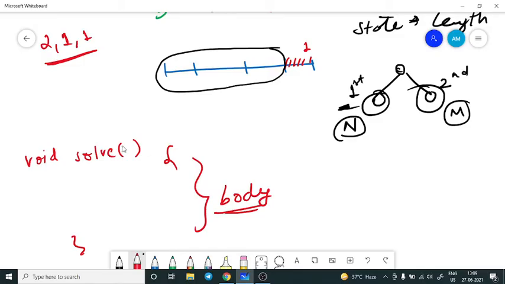Initially I passed this length n in the parameters, but now if I take the cut segment of length 1, it is reduced to n minus 1, correct? So if I again pass n minus 1 in this recursive function, the behavior will remain the same: it has to find the maximum number of cut segments for this n minus 1 length, right?